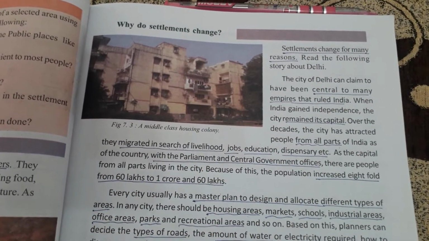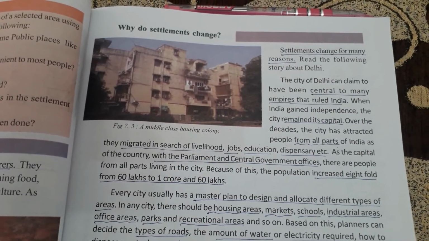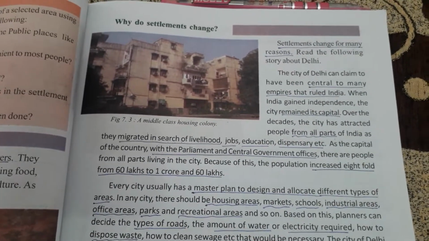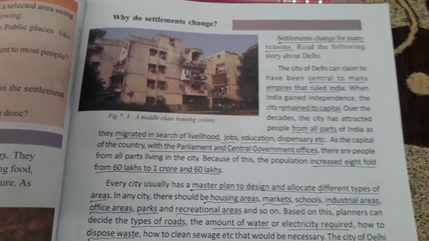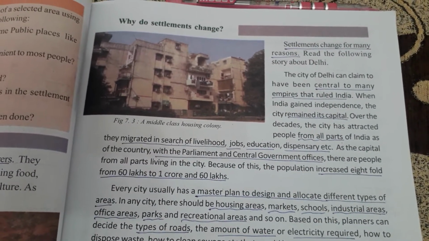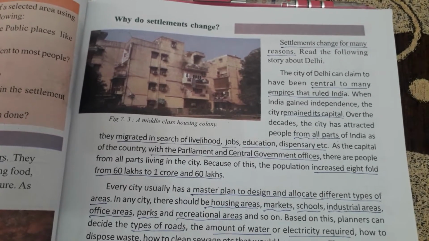So even in the capital, so many employees stay, and so many employees may transfer from one place to another place, to the city. So here there was a parliament, and some central government offices are there.